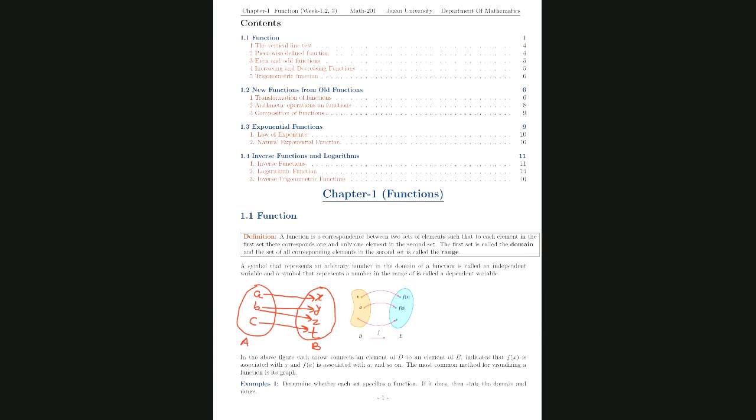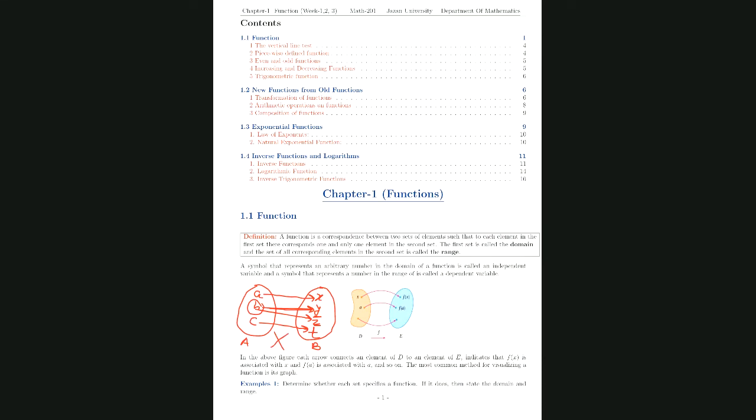But number two, every input must have only one output. But here input B is connecting to Y and connecting to Z, two outputs. For input B there are two outputs, Y and Z. So it is not a function.